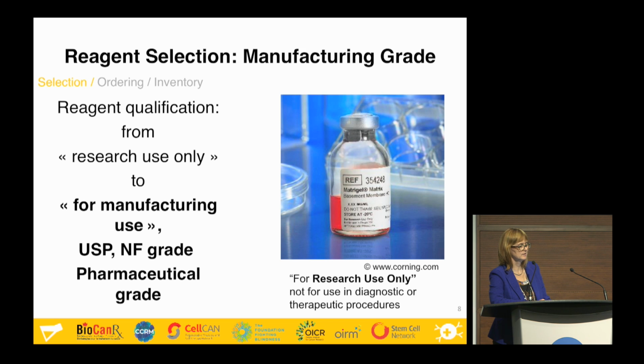USP is the United States Pharmacopoeia. It's a compilation of standards for drugs and drug products. And there are the qualities and what tests must be performed for a drug to be used in humans. You usually find this information in the USP.